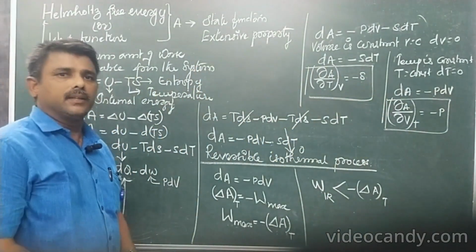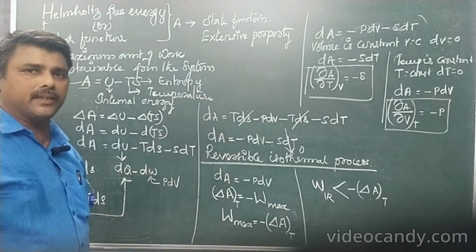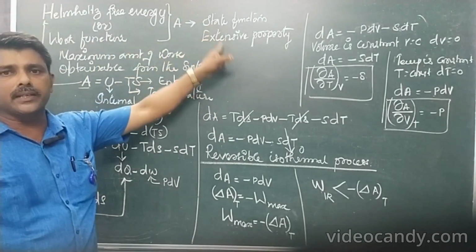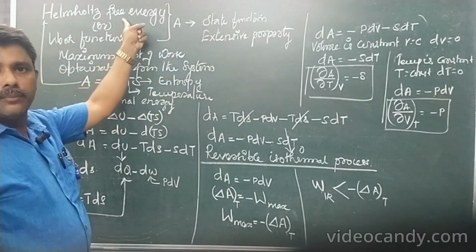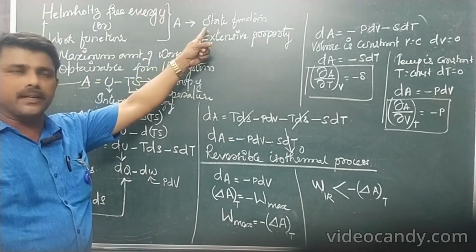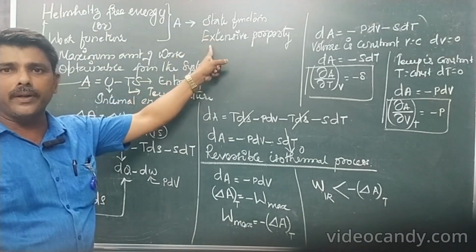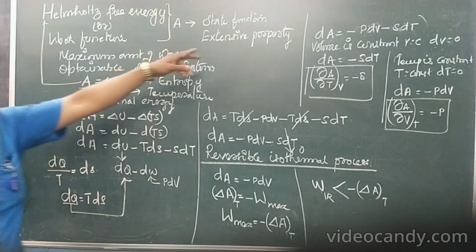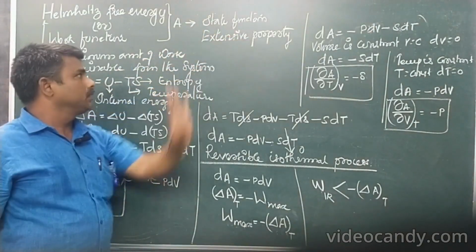This is the information regarding Helmholtz free energy, or work function. It is a state function and an extensive property. It depends on the thermodynamic state of the system. It is an extensive property, it depends on mass.